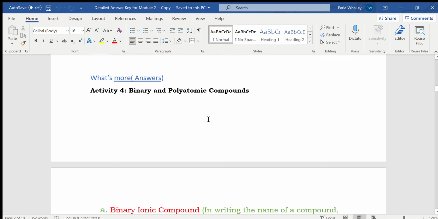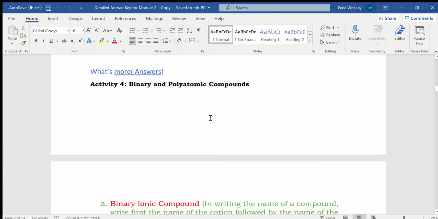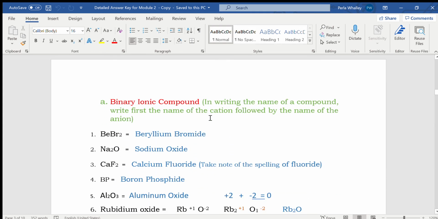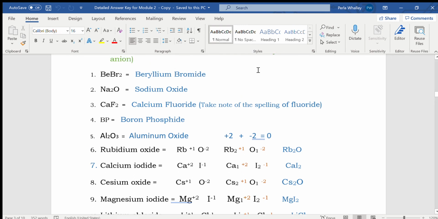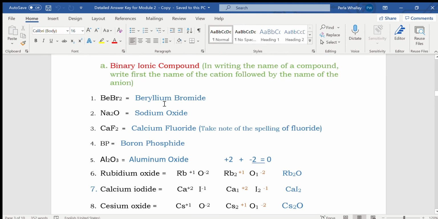Activity 4, binary and polyatomic compounds. So binary, a unique compound. In writing the name of a compound, write first the name of the cation followed by the name of the anion. For example, number 1, we have beryllium bromide, sodium oxide, calcium fluoride.